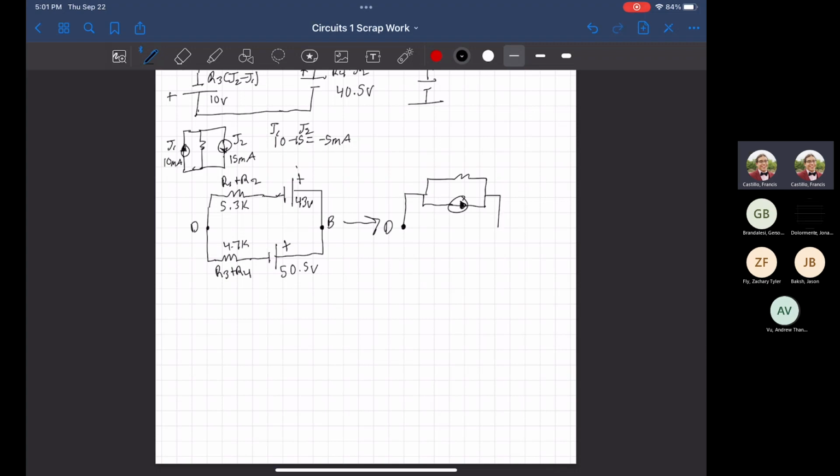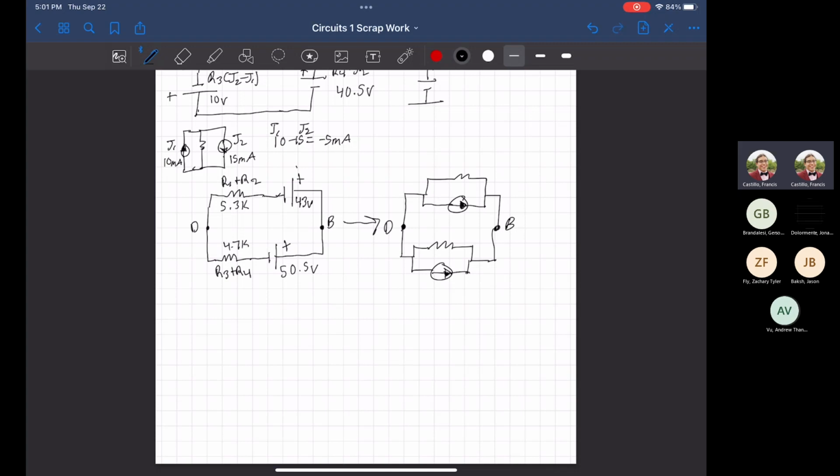That's for that one. And then for the lower half, same thing. It's a resistor in series with the voltage source, meaning the output will be a resistor in parallel with a current source traveling to the right. There we have it.